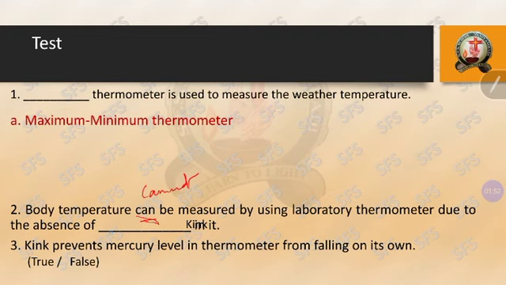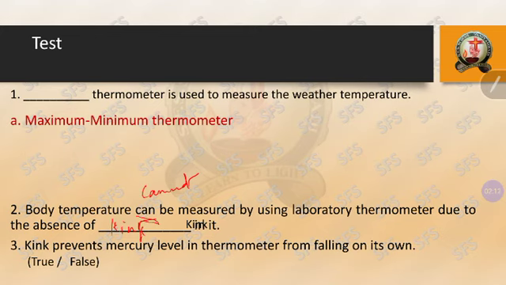So the answer is kink. We cannot measure the body temperature using a laboratory thermometer. We can measure only using a clinical thermometer, because in a clinical thermometer the kink will be present, whereas in the laboratory thermometer the kink will be absent.